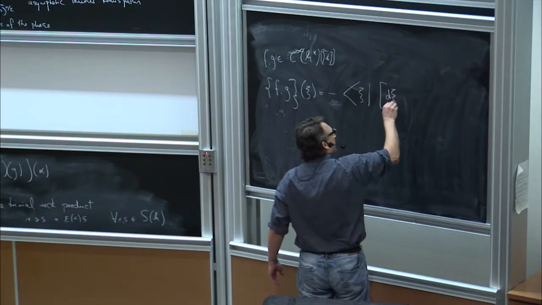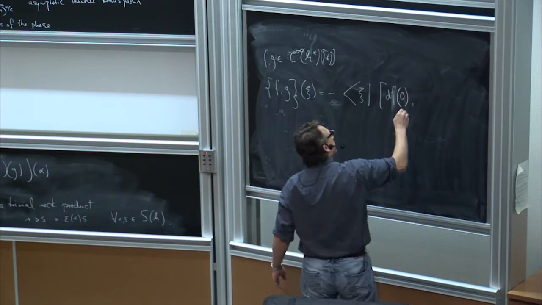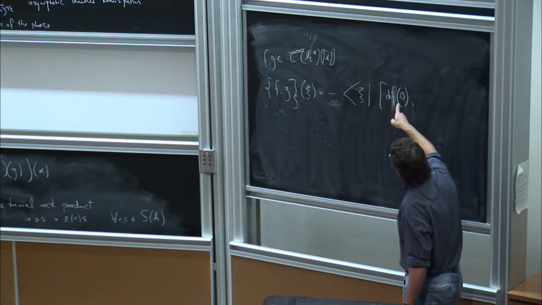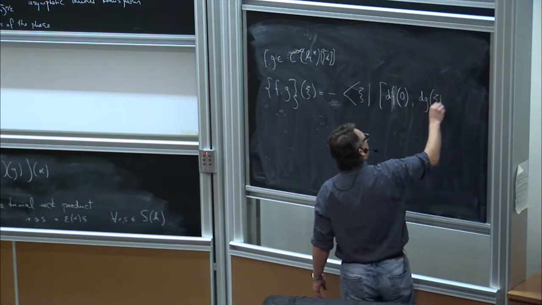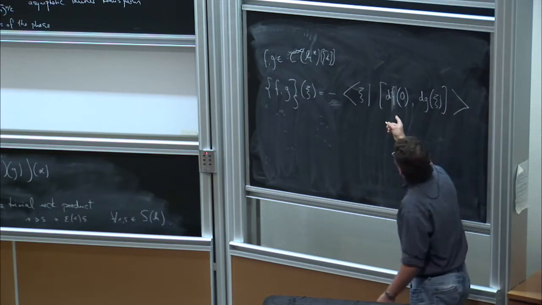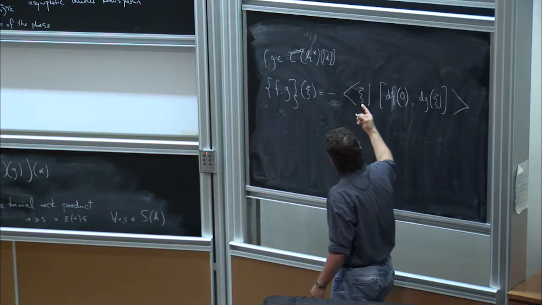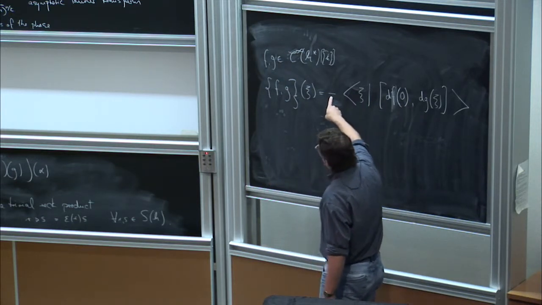You take df in 0 and dg in xi. You take the Leibniz bracket of both of them, and then you put it into xi, and you have a minus sign.